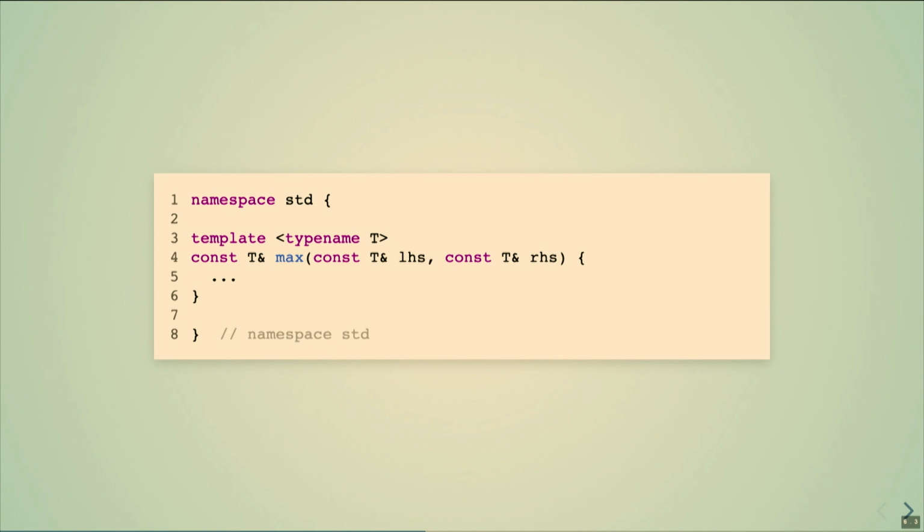What is important are the parameters. I've got a function template, and it accepts the left-hand side and right-hand side as references to const T. The important point is that they're actually the same T. The types are the same, and the type deduction algorithm puts them on equal footing. Neither can be preferred over the other because they're identical here.